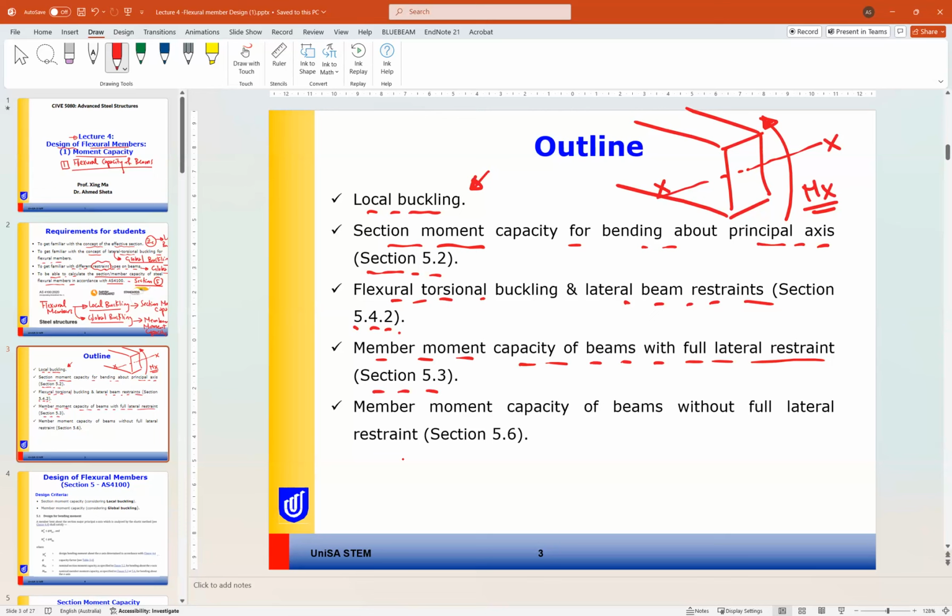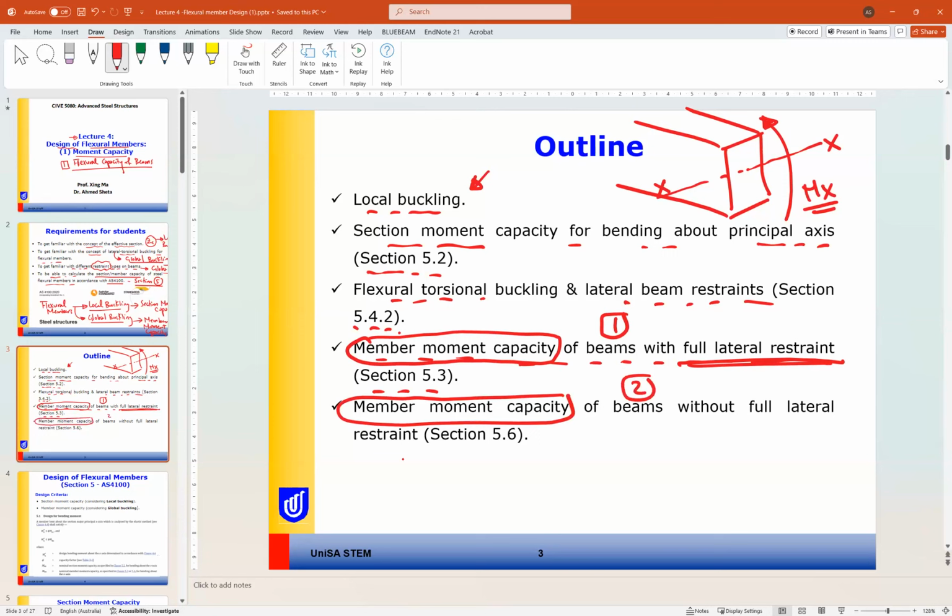So we have two main types of member moment capacity for two types of beams. The first type of beam is beams with full lateral restraint. This is covered in section 5.3. And we have also member moment capacity for another type of beams, which is beams without full lateral restraint, which is covered in section 5.6.